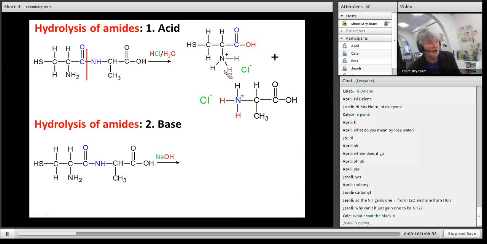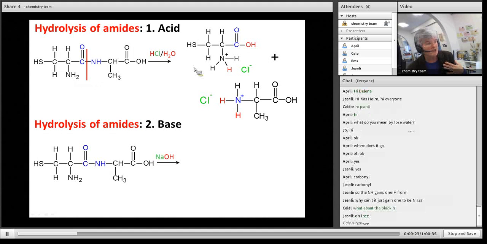That's why this H has added on here. This has just become a proton acceptor because it's a base, and we're in an acidic solution, so that's why that H is added on. So Caleb, the two black H's over here are those over there. I'm just showing this as it hasn't been part of this broken bond here, but being in the solution with acid, it's acted as a base.